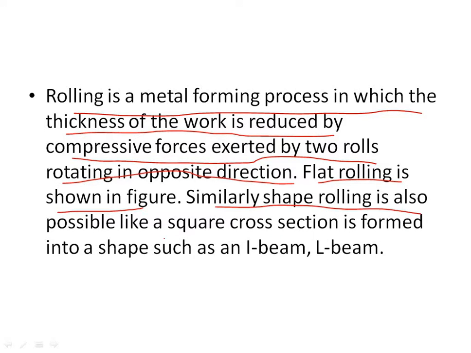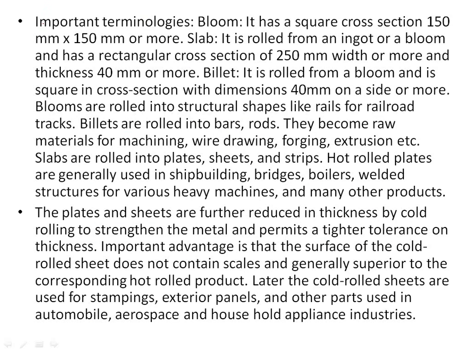Similarly, shape rolling is also possible, like a square cross section is formed into a shape such as I-beam, L-beam, etc. Okay. So important terminologies, you all can go through that.